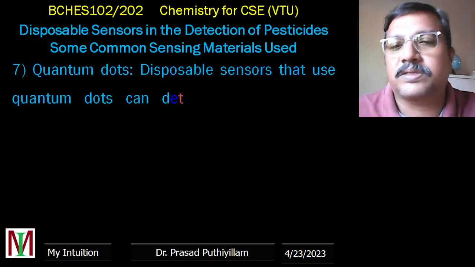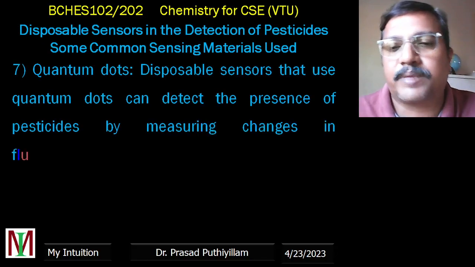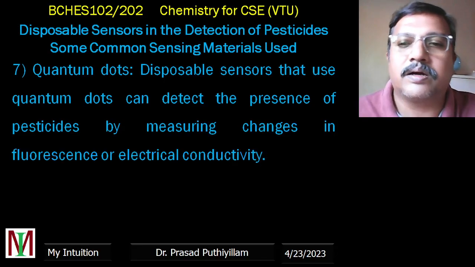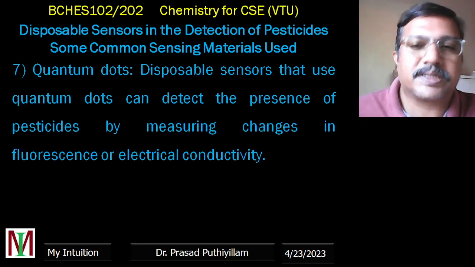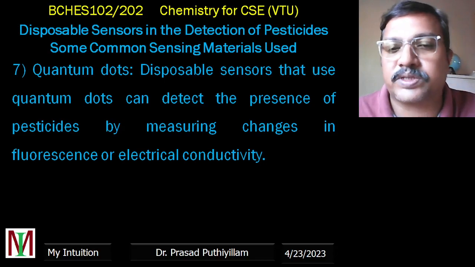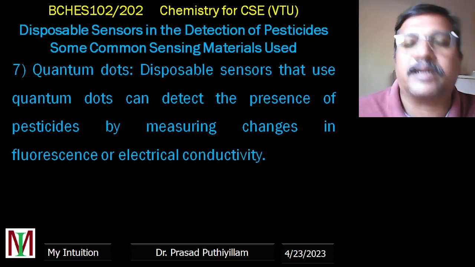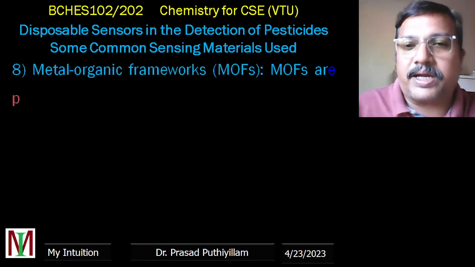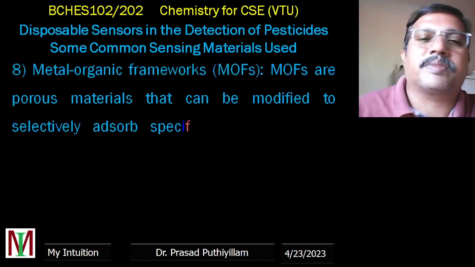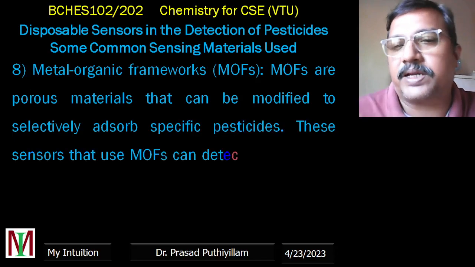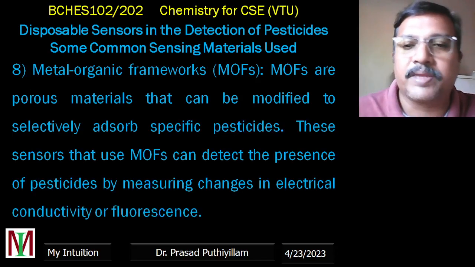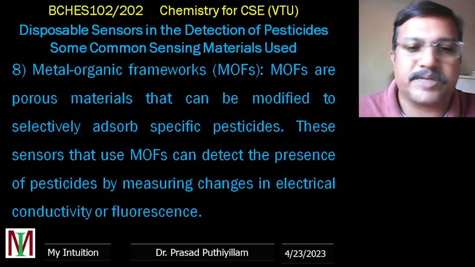Then quantum dots are semiconductor nanoparticles which are used in disposable sensors, using the fluorescence property or even the electrical conductivity to detect pesticides. Metal organic frameworks, that is MOFs, are porous materials, with pores, holes in their molecular structure, which can be modified to selectively absorb.